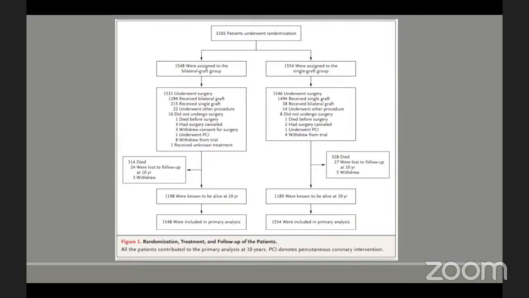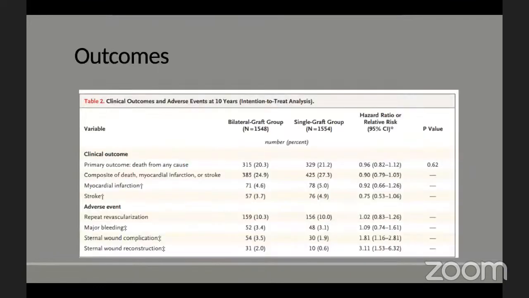Of those, 314 died, 24 were lost to follow-up at 10 years, 3 withdrew, and 1,198 were known to be alive at 10 years, and 1,548 were included in primary analysis.